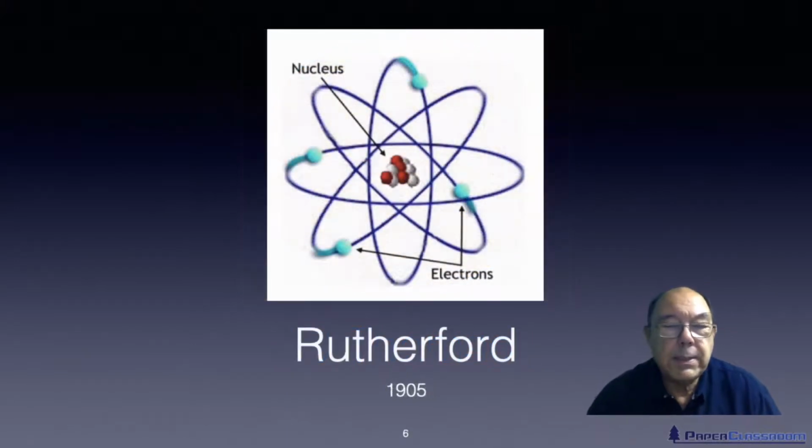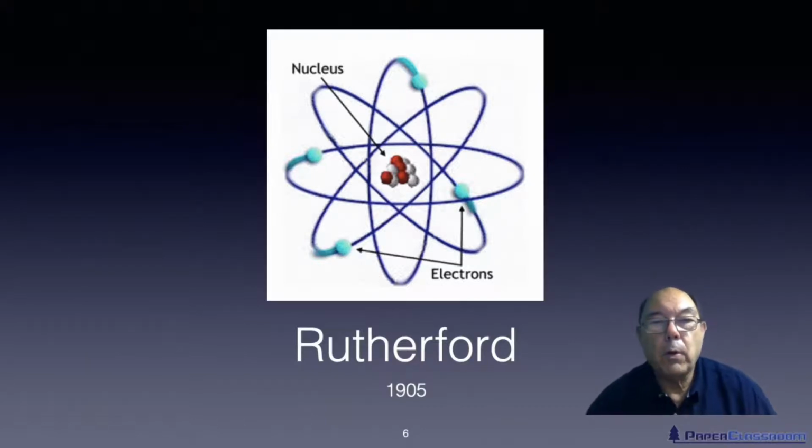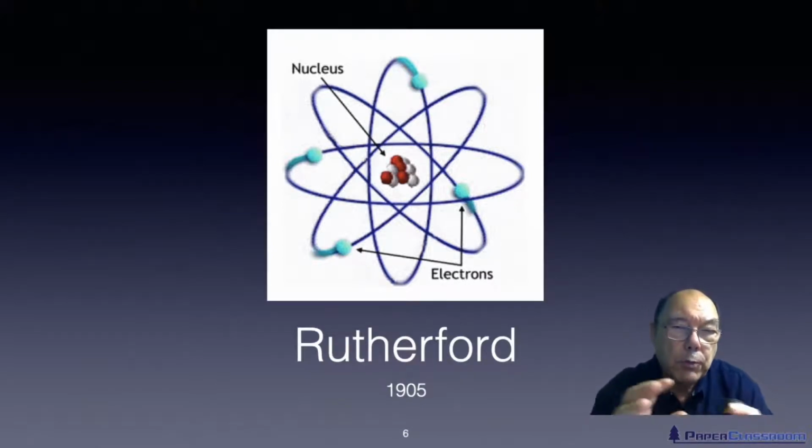That idea persisted for more than 50 years until eventually Rutherford did his famous gold foil experiment, where he fired electrons at a film of gold, expecting it to pass through, but a certain proportion of the electrons came straight back at him.